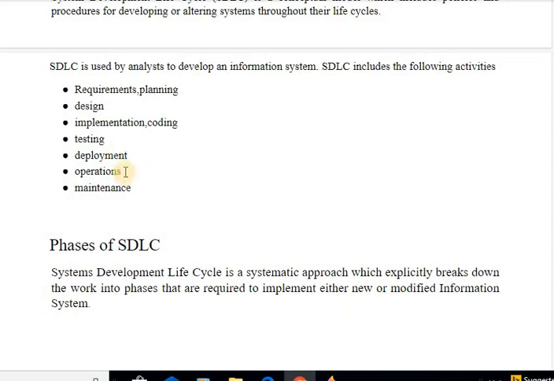So deployment contains that. Then operations and maintenance cover certain reports or timely maintenance issues or problems. After deploying, certain companies provide some services to the clients also, so that the system can be managed or maintained properly.